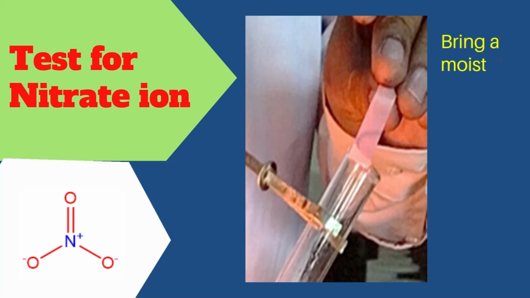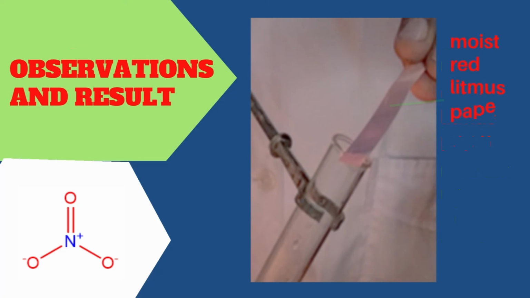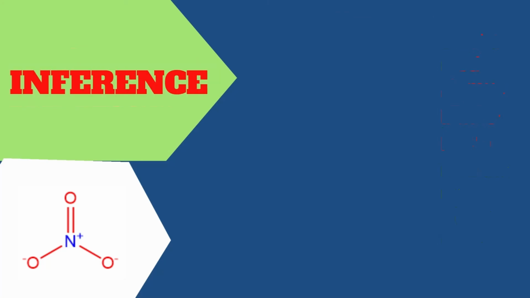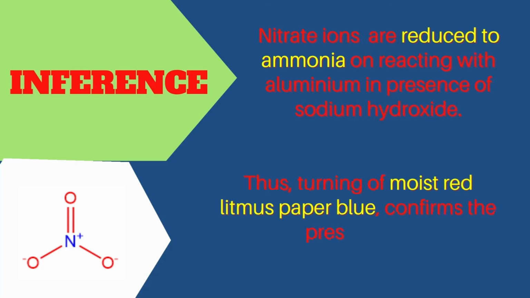Bring moist red litmus paper near the mouth of the test tube from where gas evolves. The moist red litmus paper turns blue. Inference: nitrate ions are reduced to ammonia on reacting with aluminium in presence of sodium hydroxide. Thus, turning of moist red litmus paper blue confirms the presence of nitrate ions.